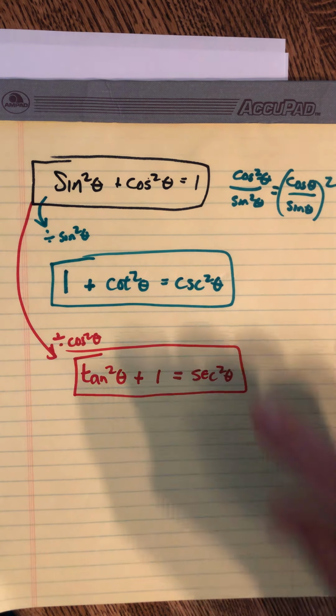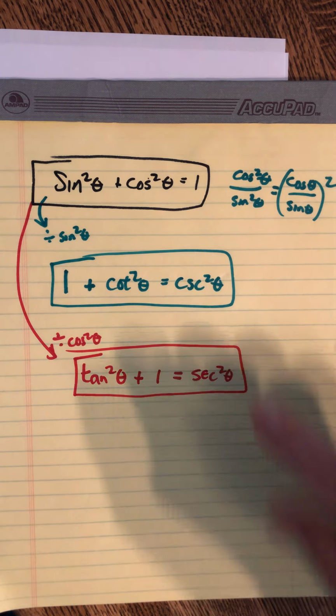This top one, the main one, has a relationship between cosine squared and sine squared. I could replace this cosine squared x with an expression that's equivalent to the cosine squared x.